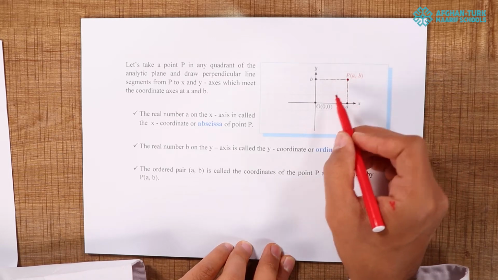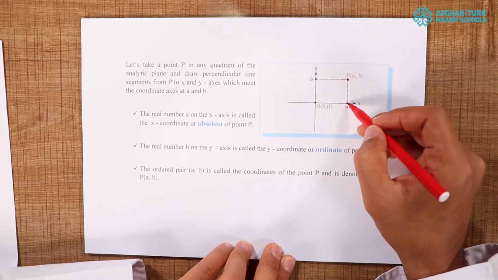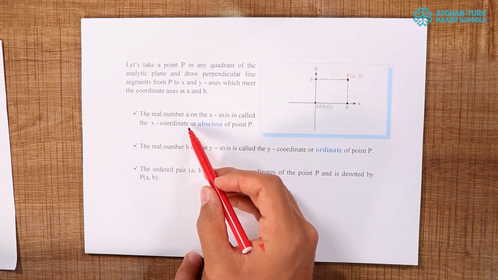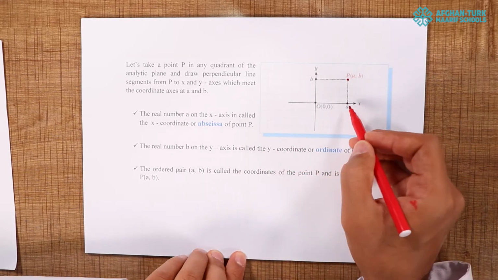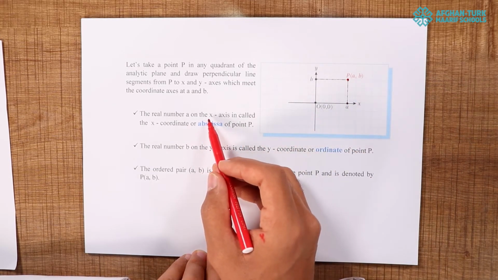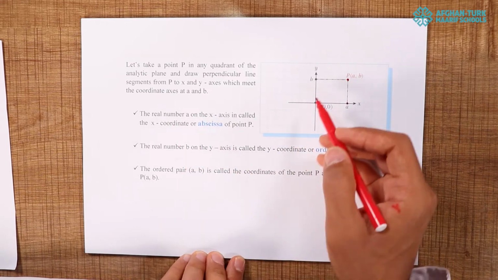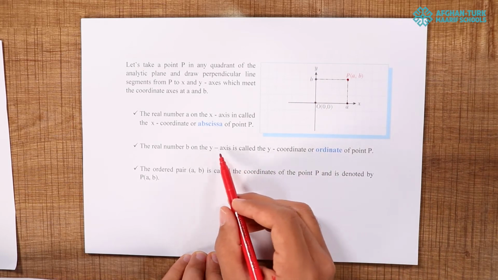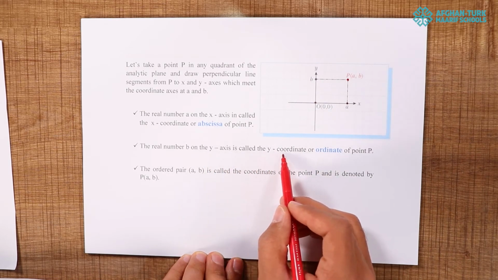Here, the real number A on the x-axis is called the x coordinate or abscissa of point P. This A is called the abscissa, and this real number B is called the ordinate, or y coordinate.